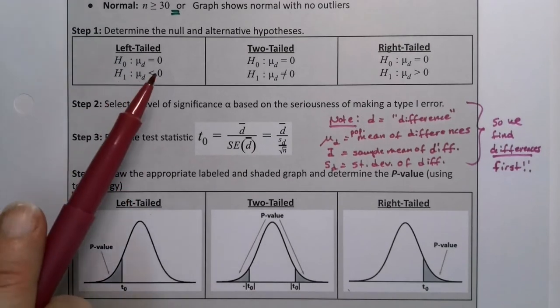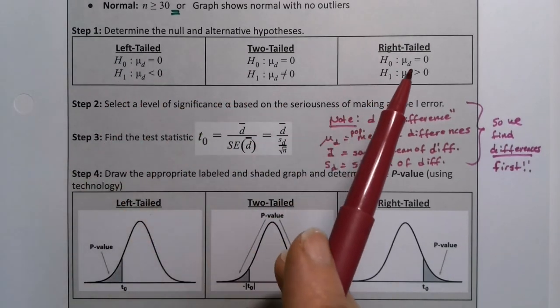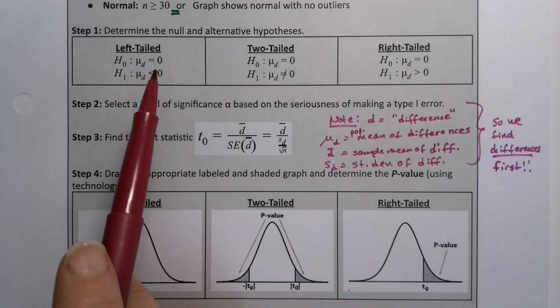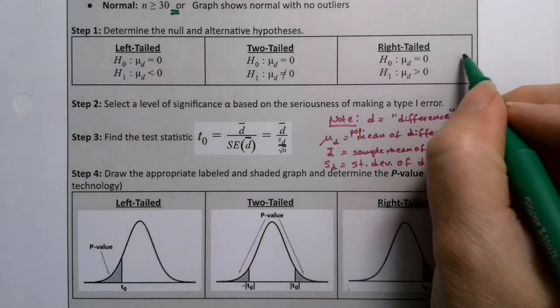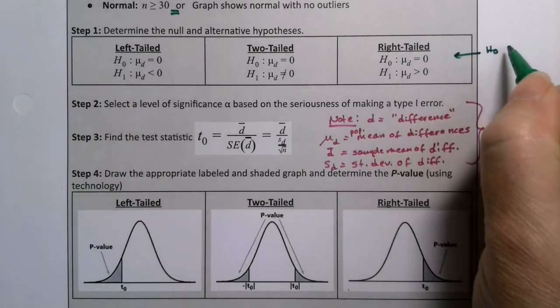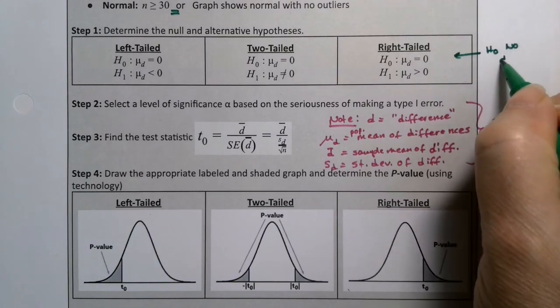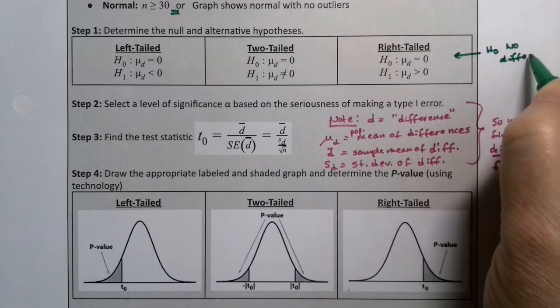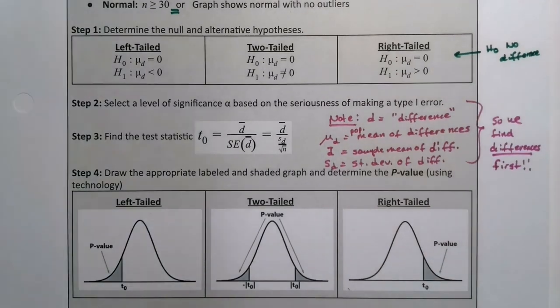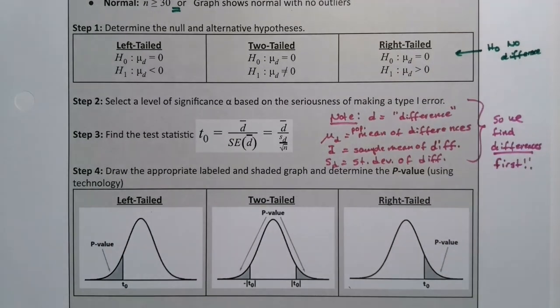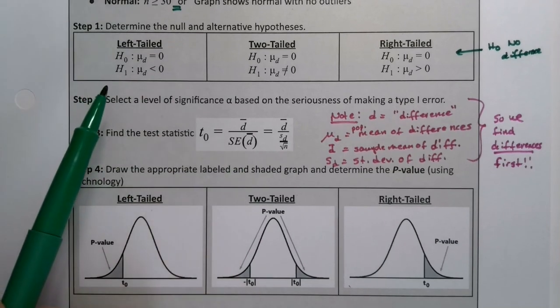But you'll notice that the hypotheses, as in all of chapter 11, always assume that there's no change, that there's no difference. So the null hypothesis is always that there's no difference between the two groups, no change, right? No significant difference for all of them. So the hypotheses are actually easier to calculate in chapter 11 than they were in chapter 10.